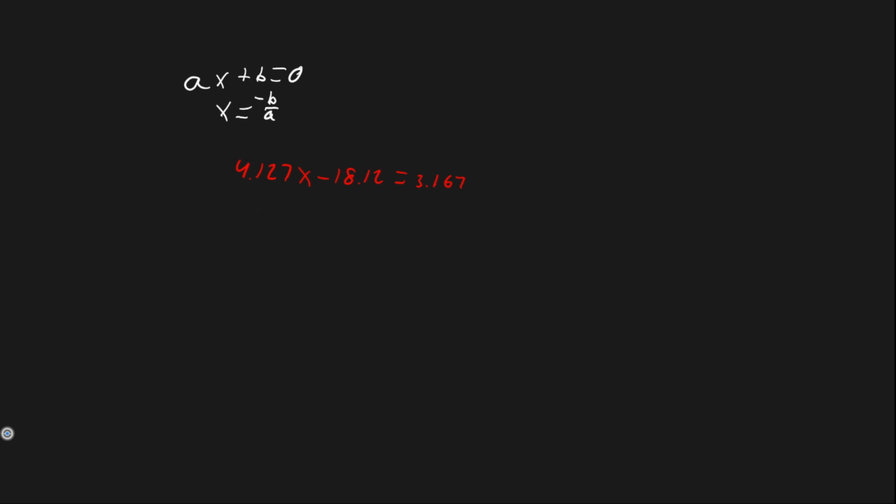So we're going to either subtract 3.167 or just find x quickly. But we'll just subtract 3.167, so we get 4.127x minus 21.287 is equal to 0.